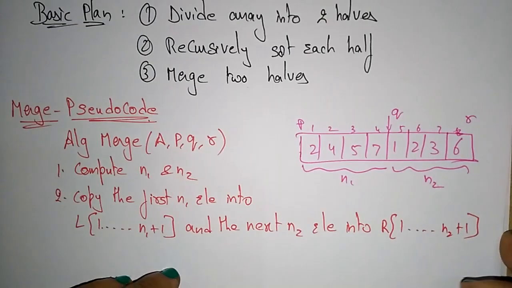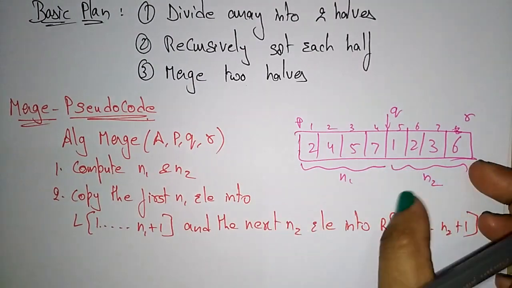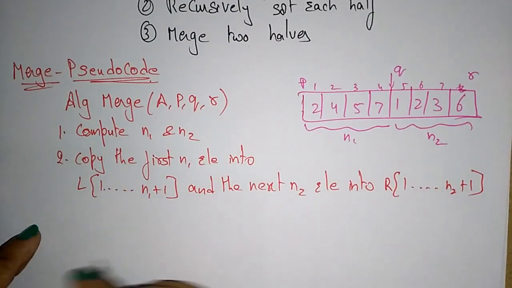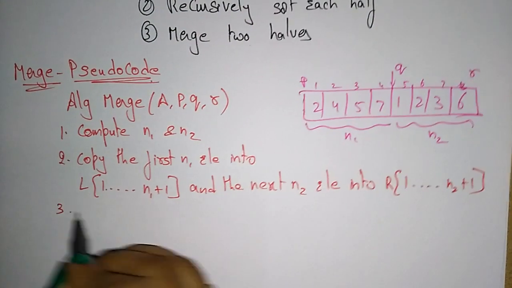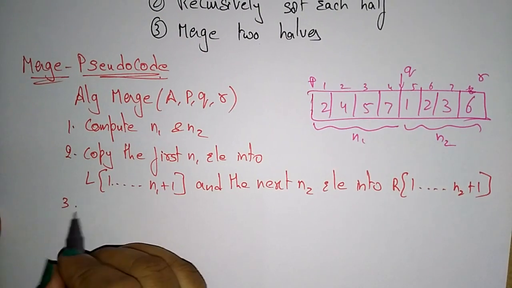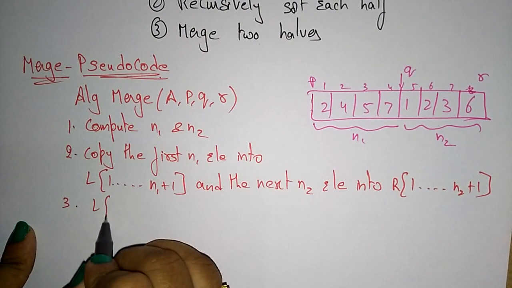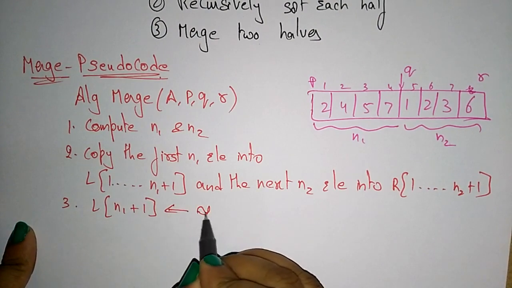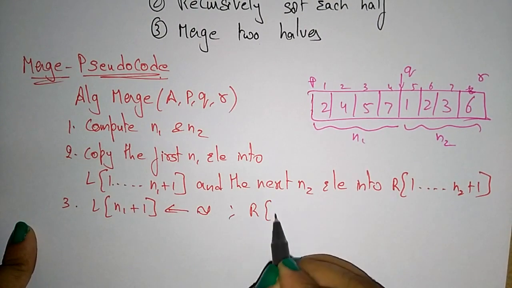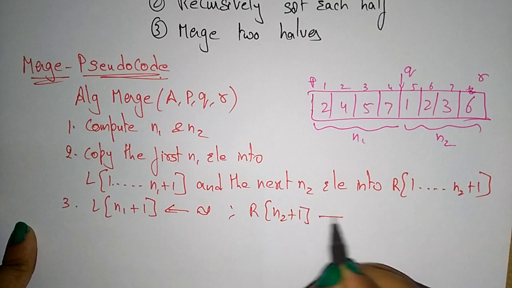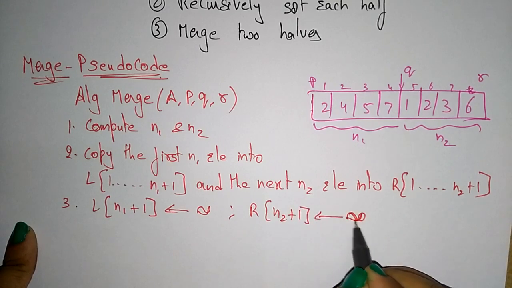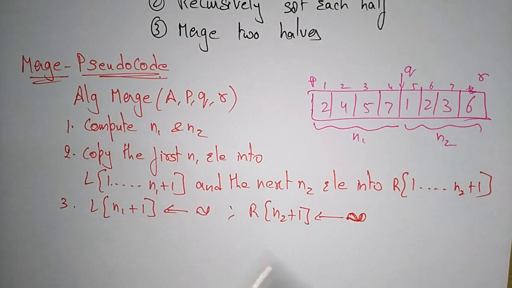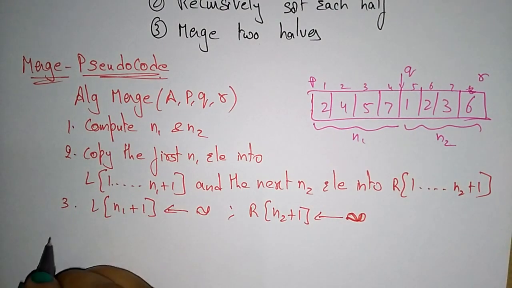So you are just copying the N1 elements into the left-hand side and the N2 elements into the right-hand side. Now the third step: L of N1 plus 1 is infinity, and R of N2 plus 1 is infinity. This means you have to recursively sort until you find the sorted array.